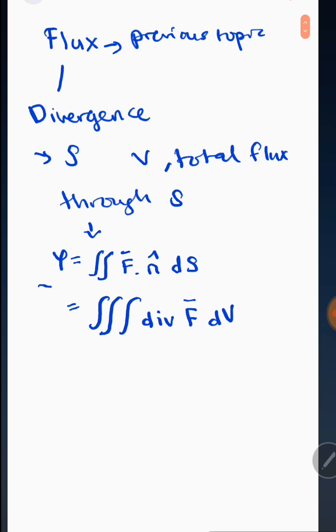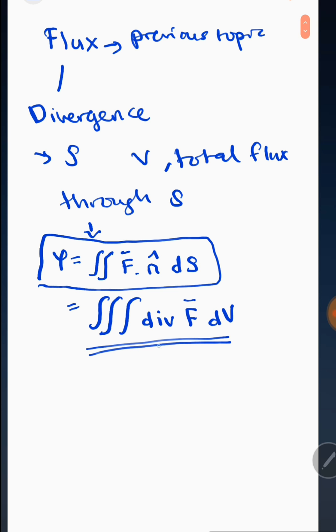Flux as it is comes from the previous topic, but as long as you know the volume that the surface bounds and the dimensions of the object, you can get an easier alternative through this one. The divergence of F, we will see later, is basically the partial derivatives of F.